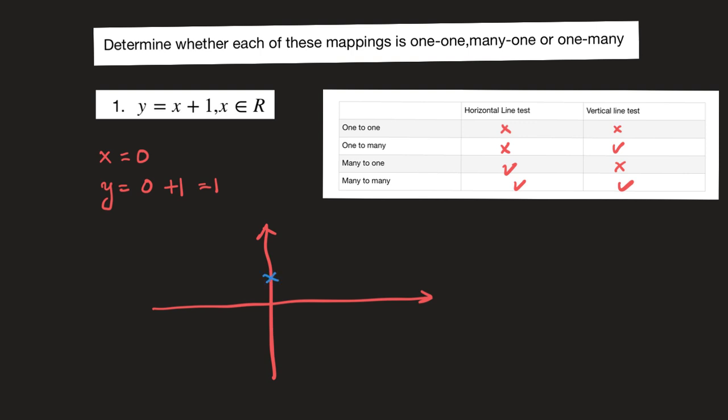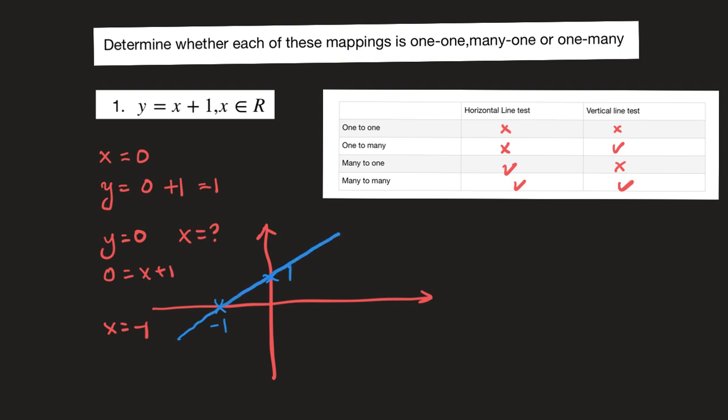The second thing is we can put y equal to 0 and find out what x is. We put it into this equation, and we got x plus 1 is 0, so x is minus 1. So we know the point is here, this is minus 1, and this is 1. And we can draw a straight line here.